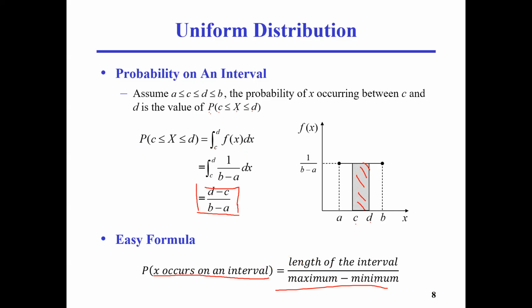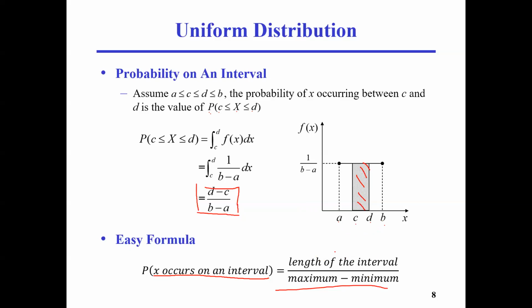Max and min represent B and A, right? The max value is the largest value for which the PDF is larger than 0, and A is the minimum value for which the PDF is larger than 0.